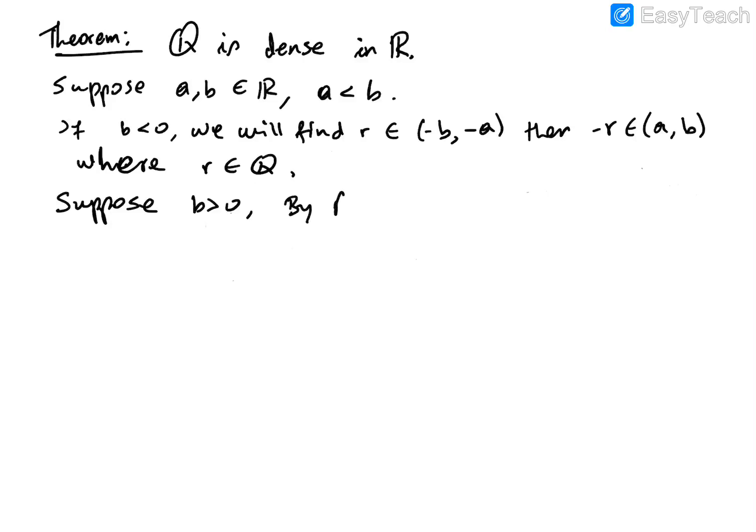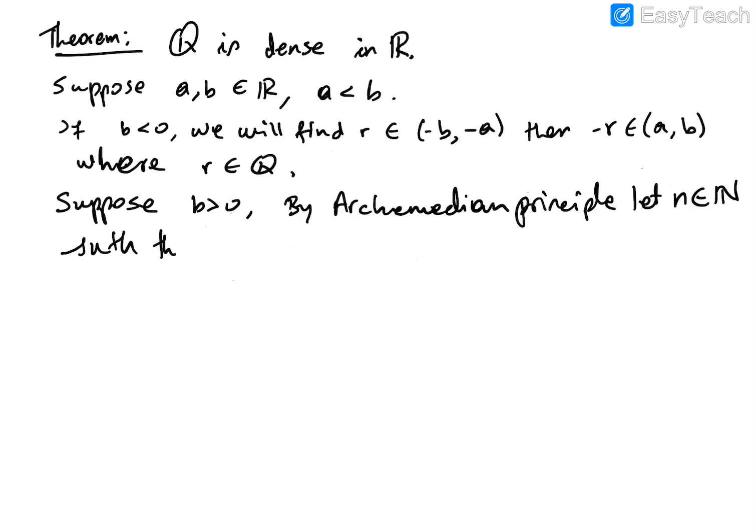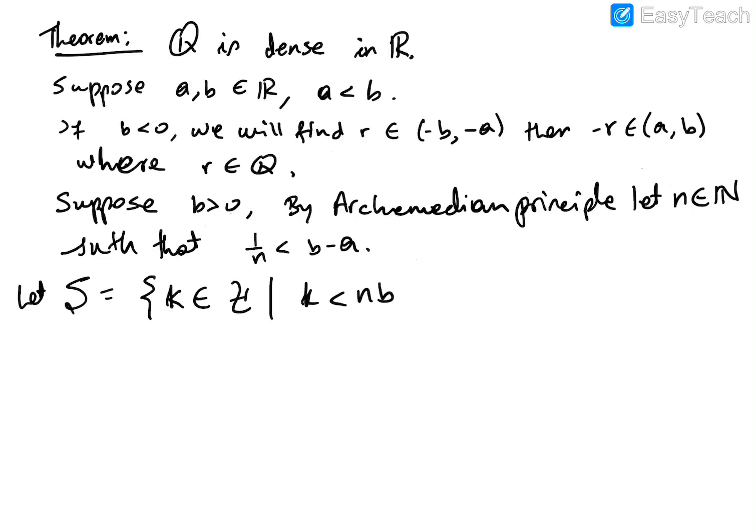By Archimedean principle, let n be a natural number such that 1 over n is less than B minus A. So build a set S. So let S be the set of all k's, integers, such that k is less than nB.